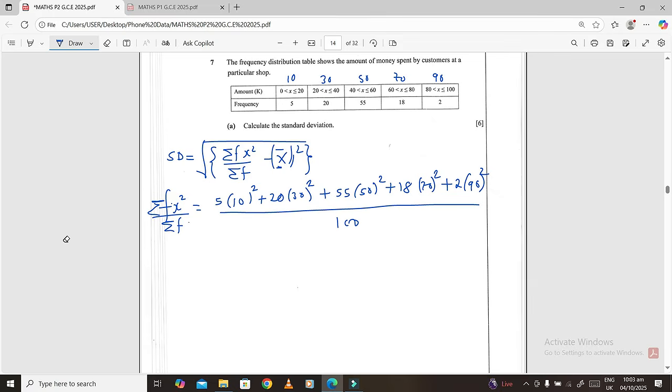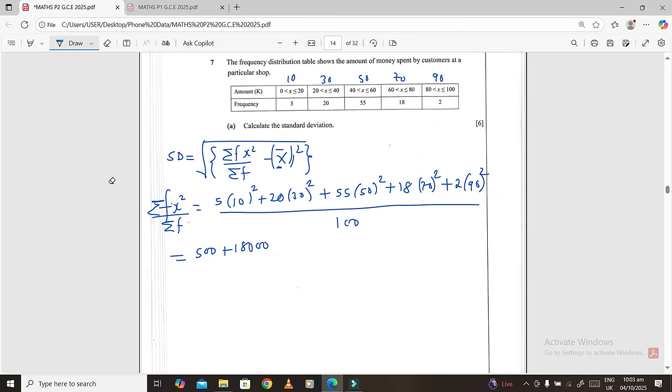So that will be 5 times 10 power 2. It will give us 500. Then 20 times 30 squared will give us 18,000.